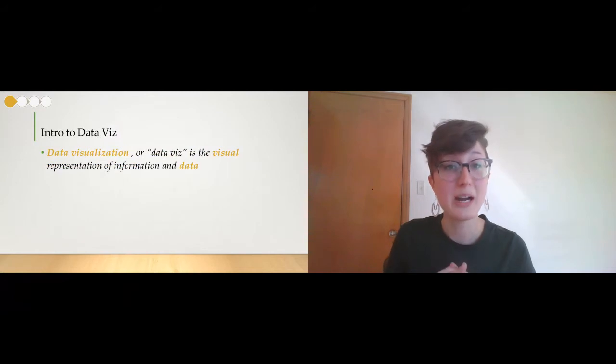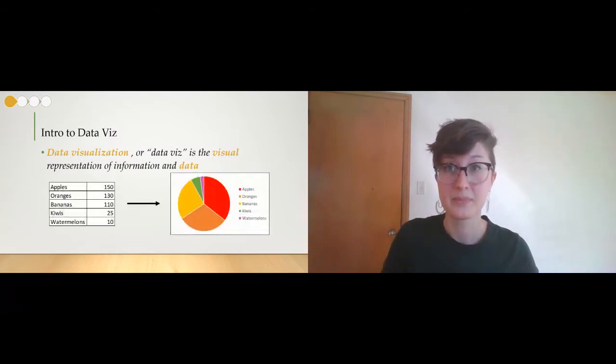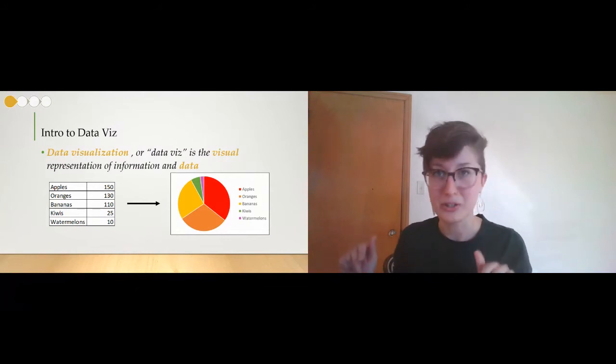So enough about me. First, let's just dive right into some definitions. I'm assuming everybody here knows what a museum is, so we'll skip that. But data visualization at its foundation is the visual representation of information and data. In other words, it's how we go from a data set to a pretty picture.